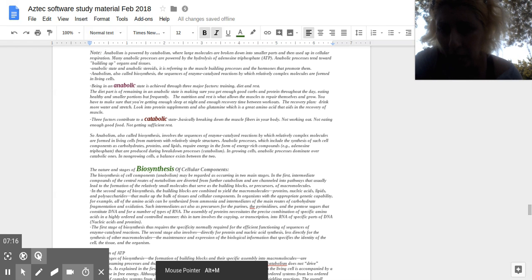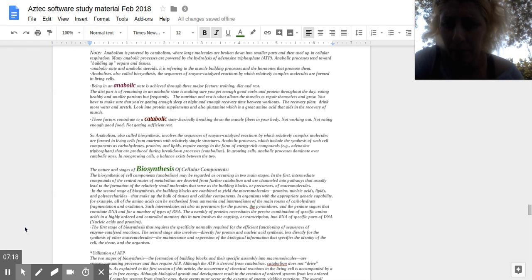So the terms anabolic versus catabolic. Anabolism is powered by catabolism, where large molecules are broken down into smaller parts and then used up in cellular respiration.